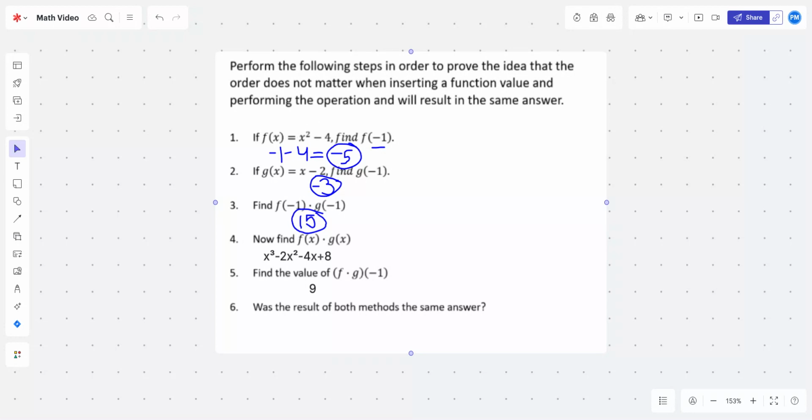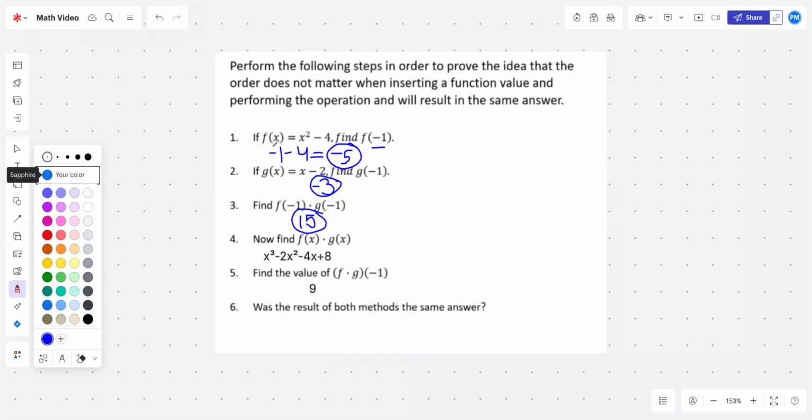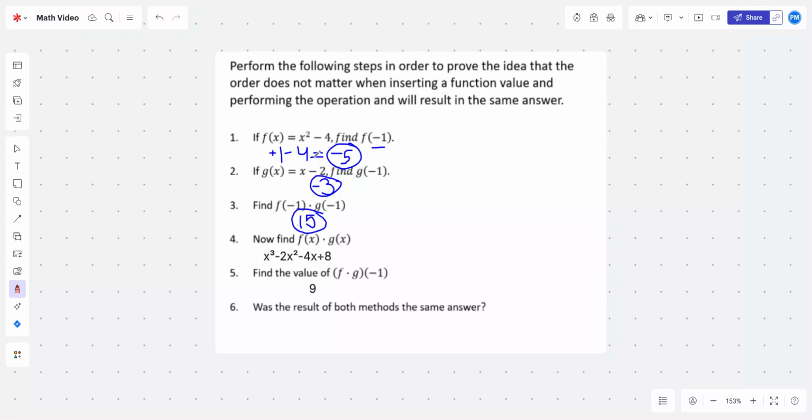Because if you don't put it in parentheses, you're going to get back a wrong digit if you use any negatives whatsoever. So this was actually a positive 1, and a positive 1 subtract 4 is actually negative 3. I'm going to change that to a 3 if I can. Goodness gracious, why does that look like Sonic the Hedgehog to me? So negative 3 times negative 3 is positive 9.